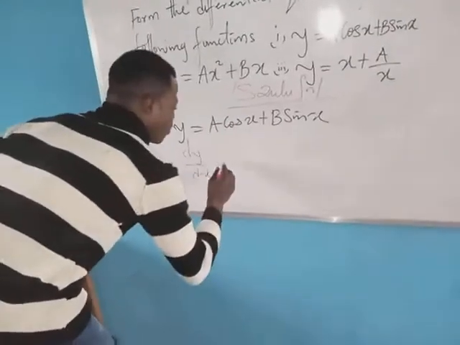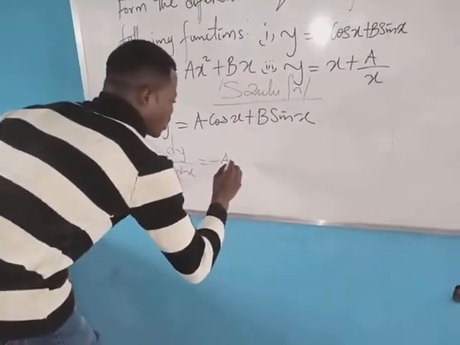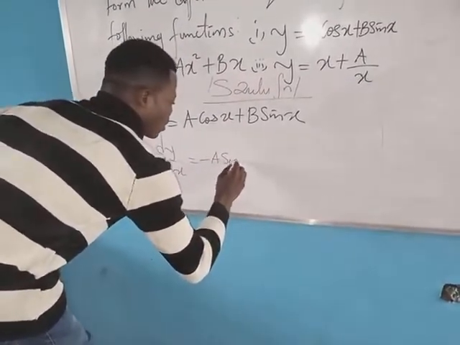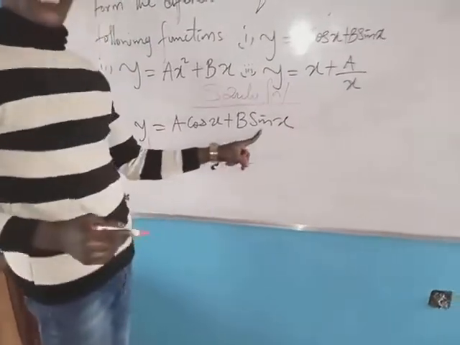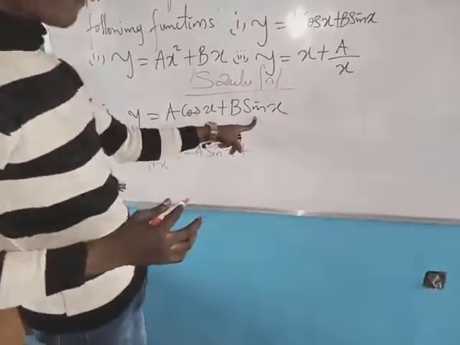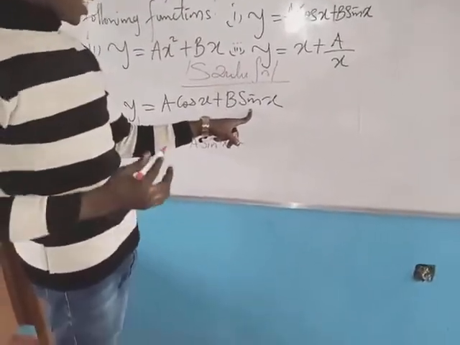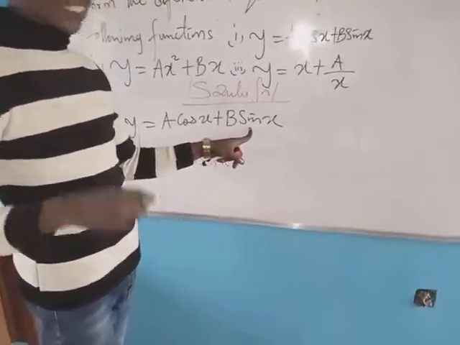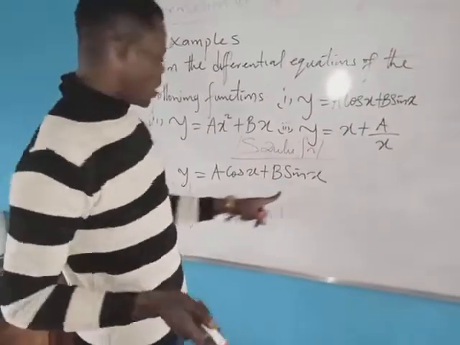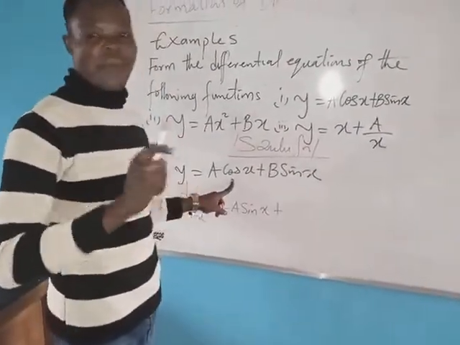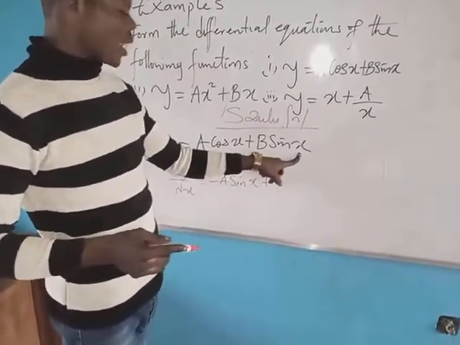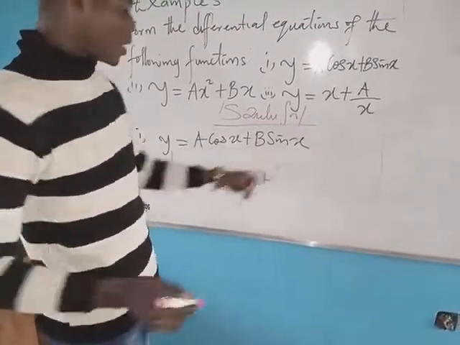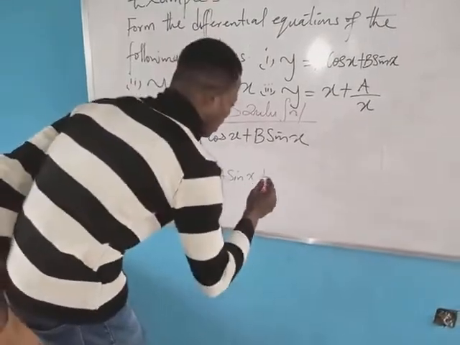Therefore, this will be minus A sin x plus, if you differentiate sine, you will have cos. If you differentiate cos, you have minus sine. Now, I want to differentiate B sin x, then I will have cos x. This B is constant. I will have B cos x.